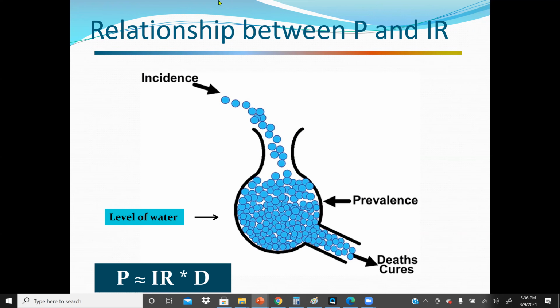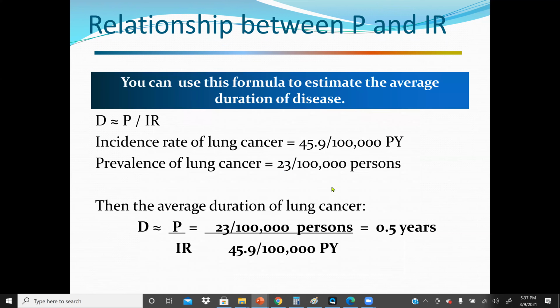So disease always starts with incidence, a new case. Later with time, it becomes an old case. That's where prevalence is involved. Then the disease may disappear, either it killed a person or we were able to cure it. So to find the duration of the disease, it will be prevalence divided by incidence rate.